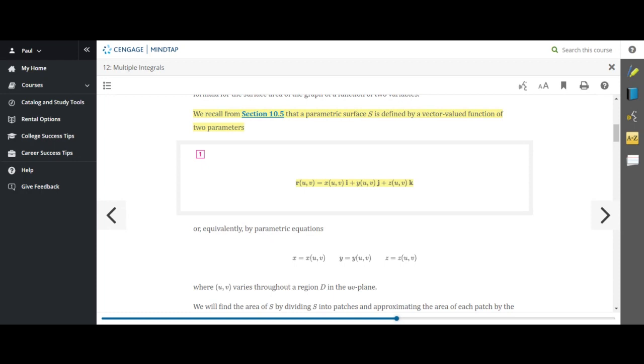You've seen this plenty of times. You've seen this in homework in 10.5. You saw this on MATLAB assignment number 6. It's a big deal, right? And now we're going to use this concept to help us find surface area.